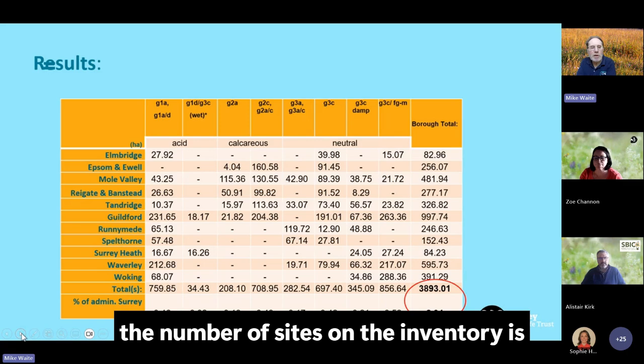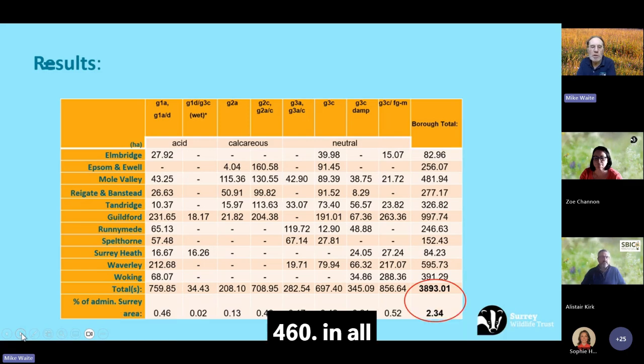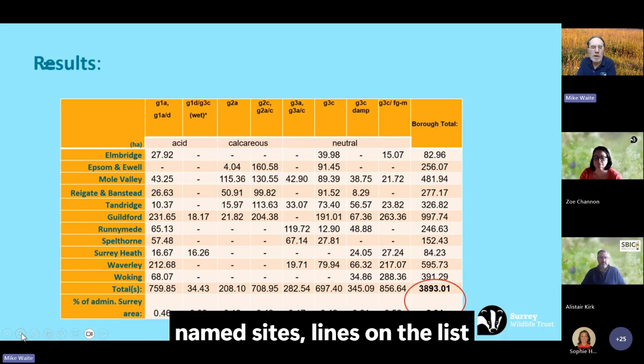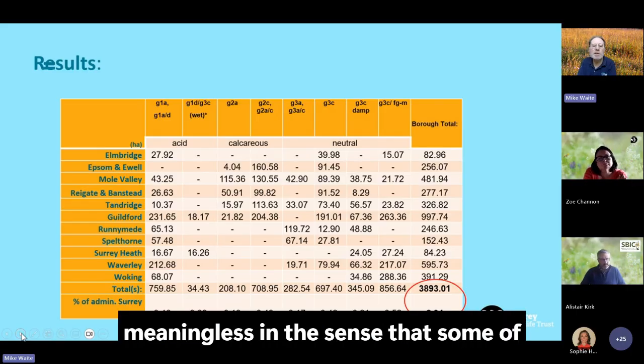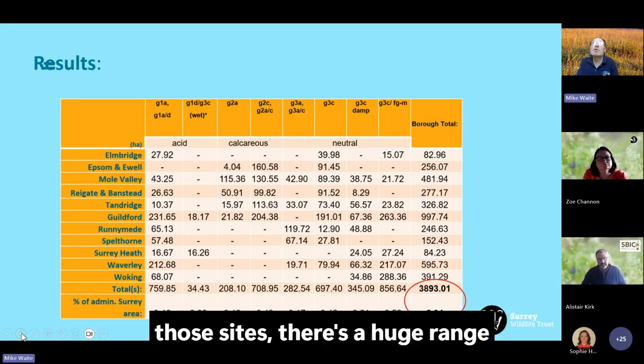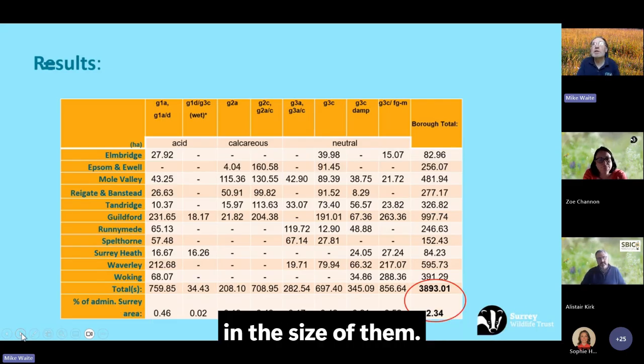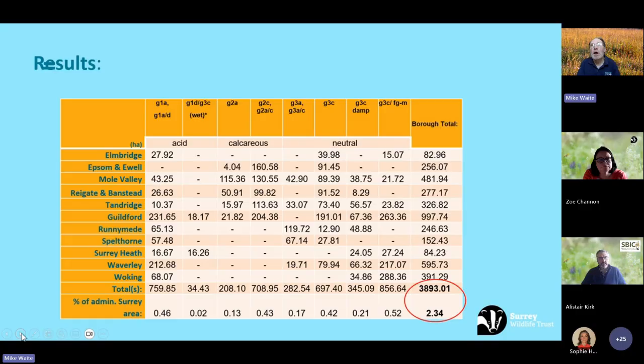The number of sites on the inventory is 460 in all, named sites with lines in the table, but that's pretty meaningless, because there's a huge range in the size of them.